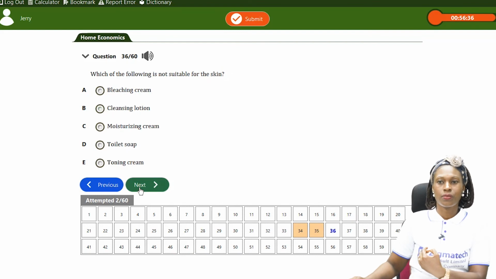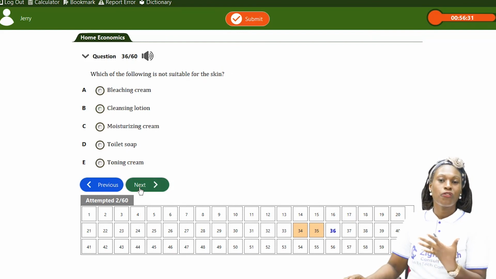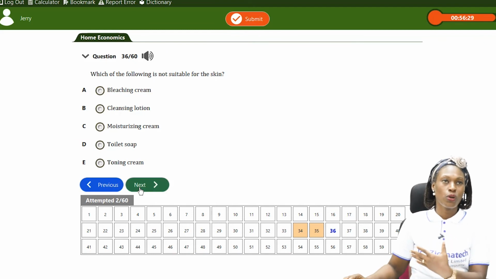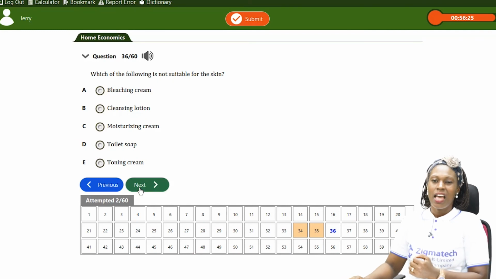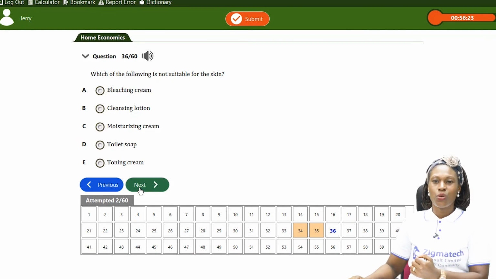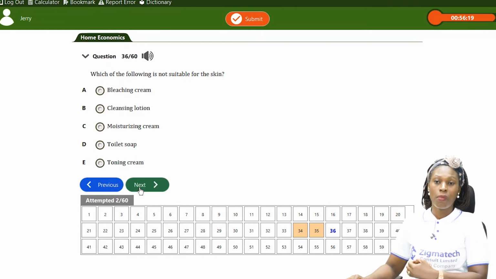Let's look at the next question. Now, which of the following is not suitable for the skin? We have A, bleaching cream, B, cleansing lotion, C, moisturizing cream, D, toilet soap, E, toning cream.